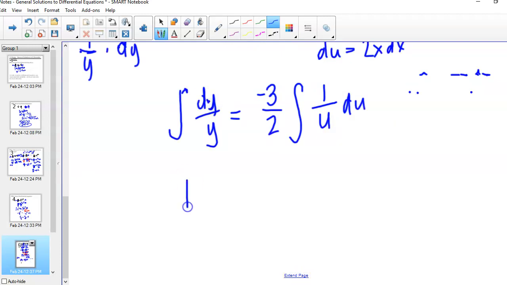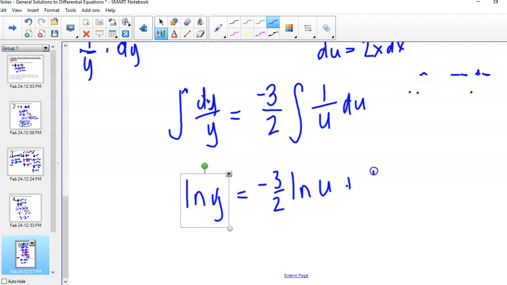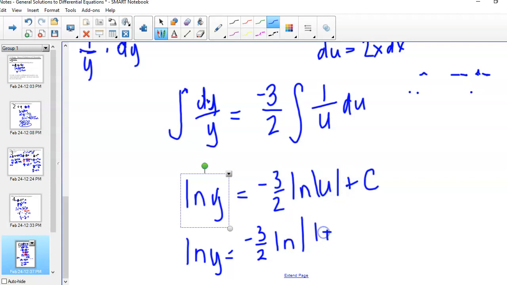So I'm going to have the natural log of y equals negative 3/2 times the natural log of u plus c. And the u is actually 1 plus x squared. So that means I've got natural log of y equals negative 3/2 times the natural log of, I guess I should have absolute value bars there, absolute value of 1 plus x squared plus c.